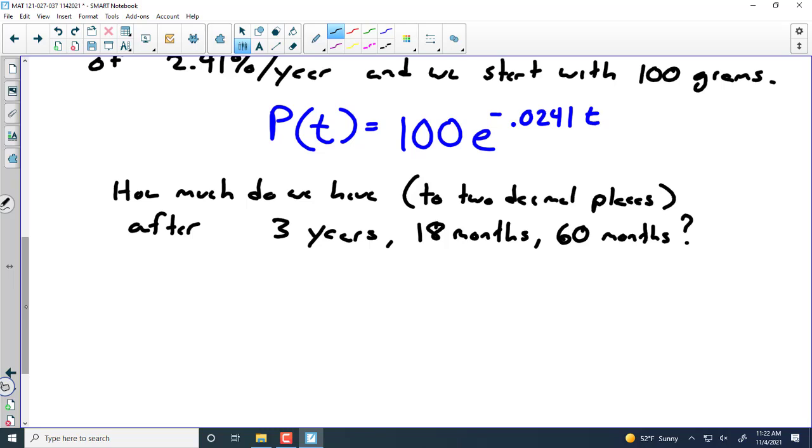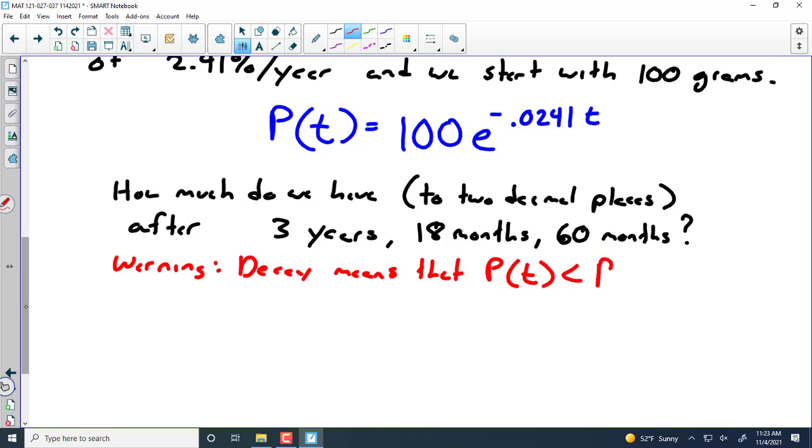How much do we have after 3 years, 18 months, and 60 months? And a little warning to everyone, decay means that P of t will be less than P of 0. We're going to go down. We're going to have less.